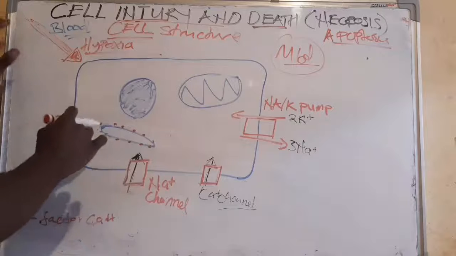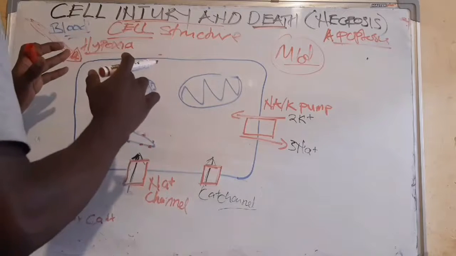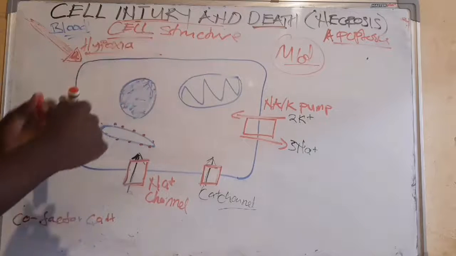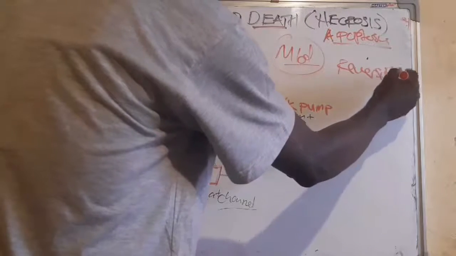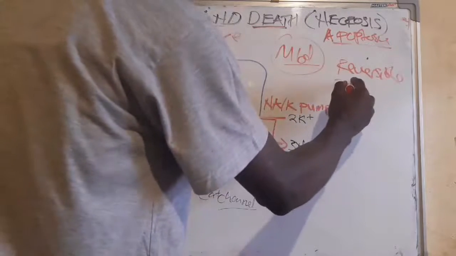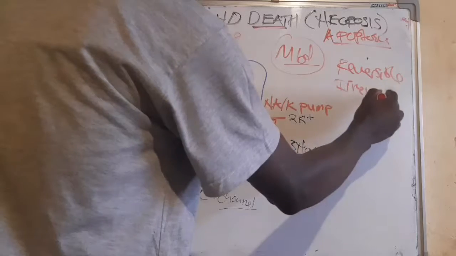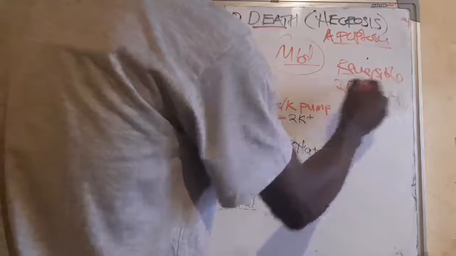Cell injury can be in two forms. It can be reversible and irreversible cell injury.